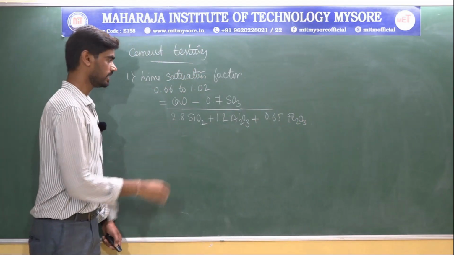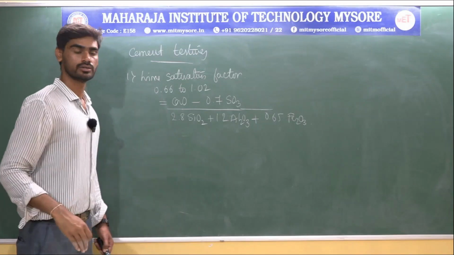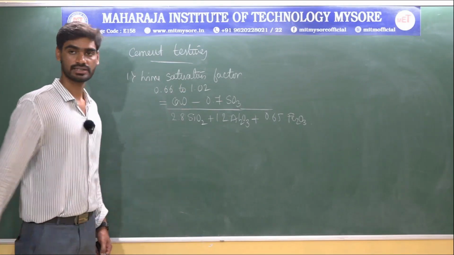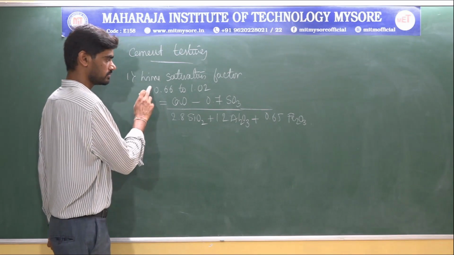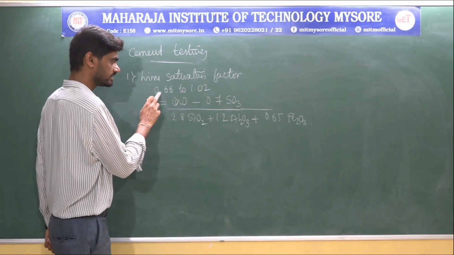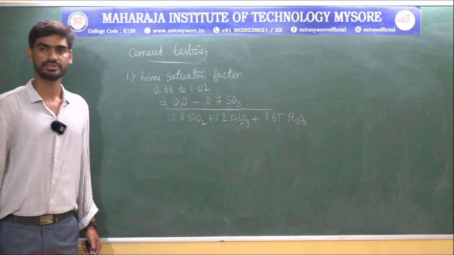So this is the formula which is used to find out the lime saturation factor. So the lime saturation factor should be 0.66 to 1.02.